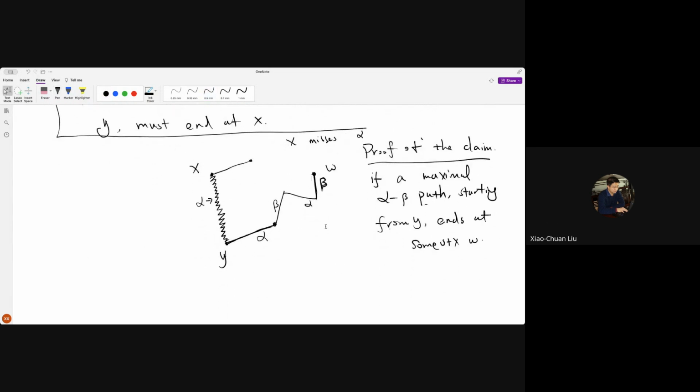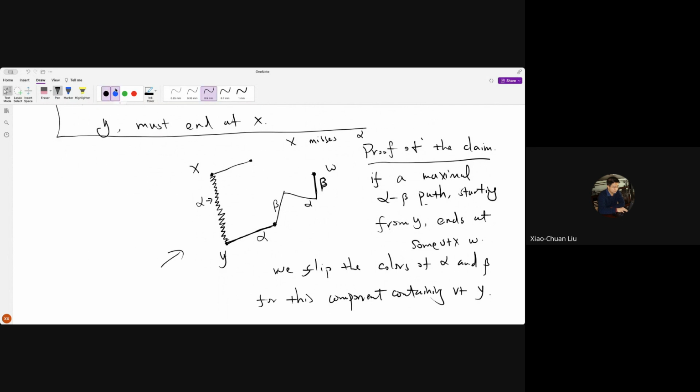So if this happens, this is a familiar thing. So we flip the colors of alpha and beta for this component containing the vertex y. So let's use red.